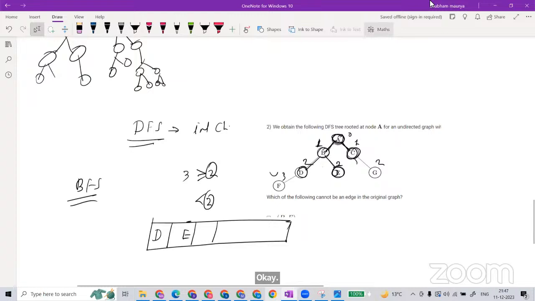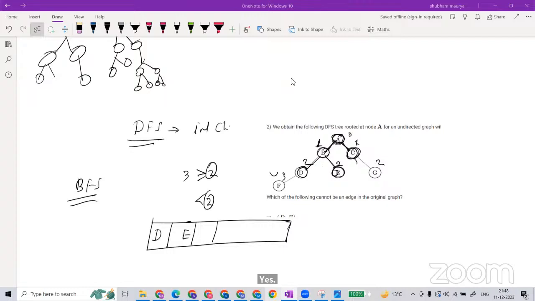If the level is same, there is an edge. Branches could differ in DFS; there is no meaning of discussing a branch in BFS. In DFS there is a meaning of branch.